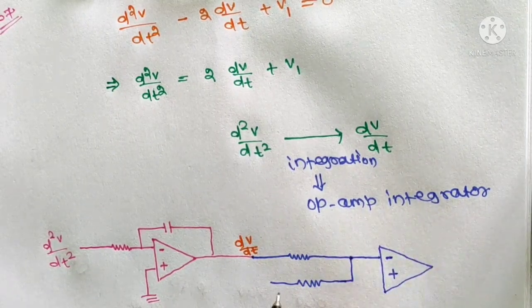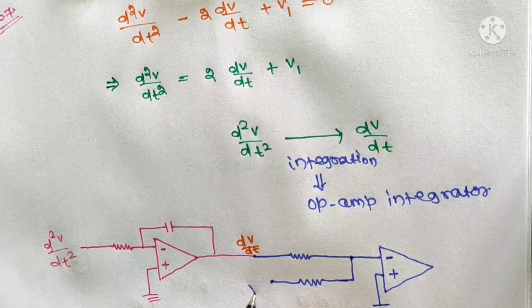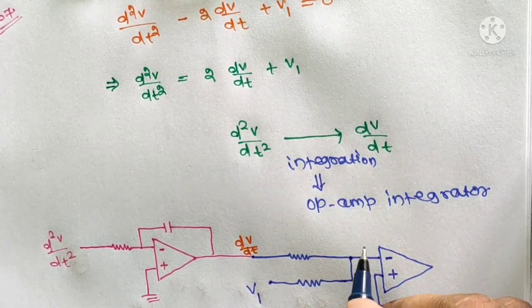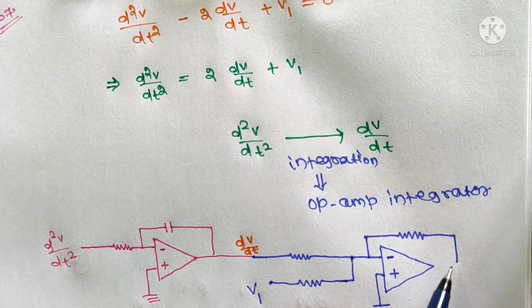Minus plus, this is grounded. Now this is v1 constant voltage, this is the feedback.